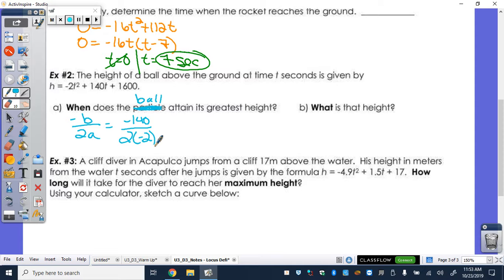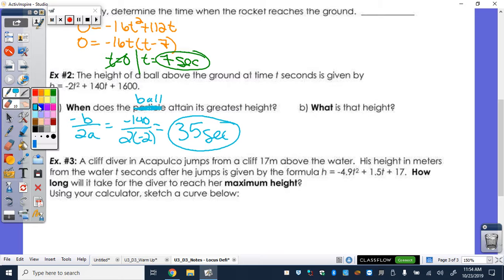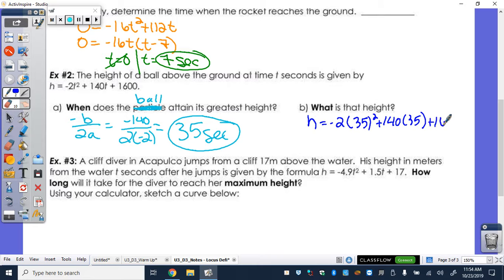And what do we get? 35. So that's going to take 35 seconds for it to get to its maximum height. So then again, to answer part B, we're going to plug 35 into the equation. And let's see what we get.